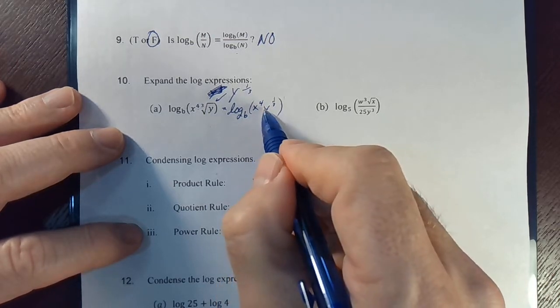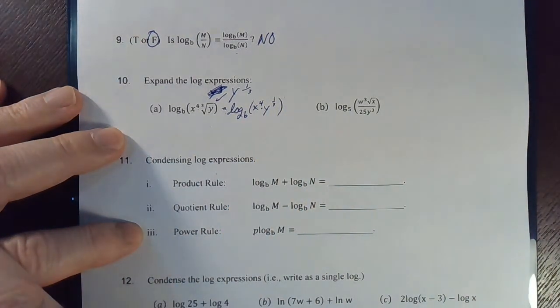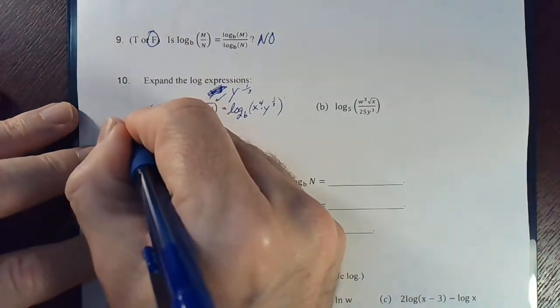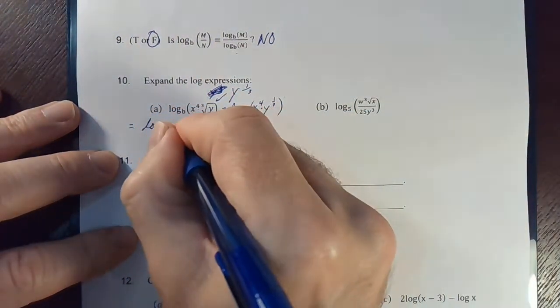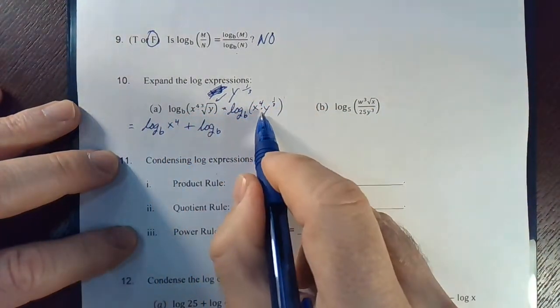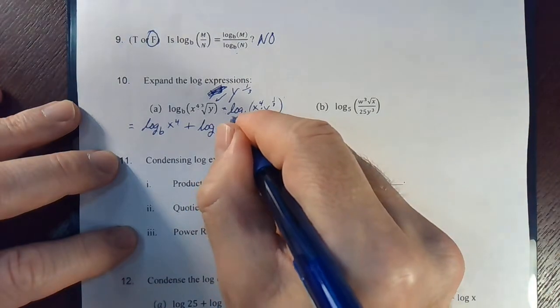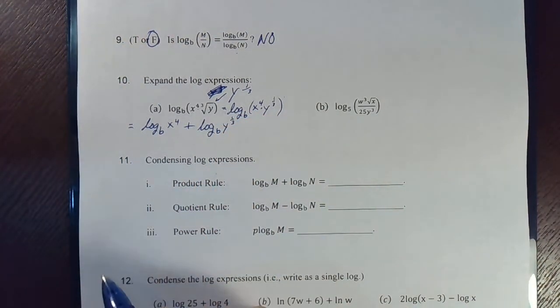So the first thing we need to do is notice that we've got a multiplication here and break it up into 2 logs using the product rule. So that's equal to log base b of x to the 4th plus log base b of y to the 1/3. And now we'll use the power rule to finish it up.